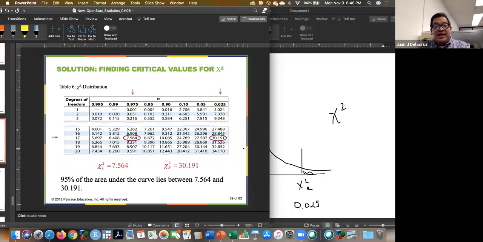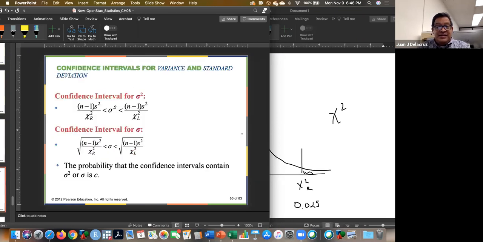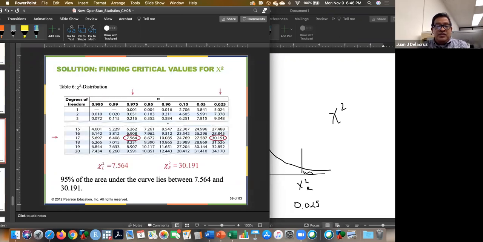We are using the chi-square left on the other side. So in order to find the left endpoint, we are going to divide by the chi-square right. In order to find the right endpoint, we are going to divide by the chi-square left. Is that a tongue twister? I don't know, but based on the values, we have to proceed as follows.